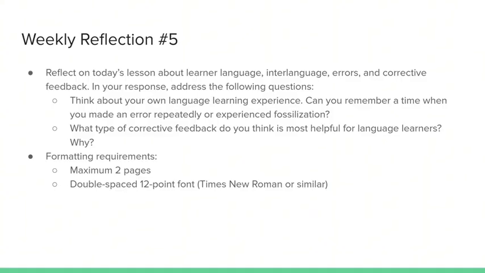If you can go back to the use of your own language and find that something seems to have already fossilized, you can talk about how you're trying to fix it here. What type of corrective feedback do you think is most helpful? I think some of you already have some in mind, but try to describe more specifically, going into detail, for which type of students and for what reasons. Again, the maximum is 2 pages, and that's it.